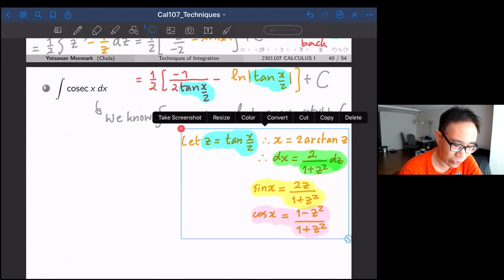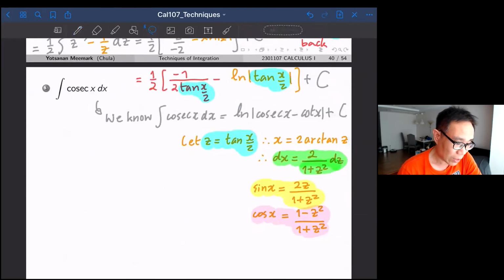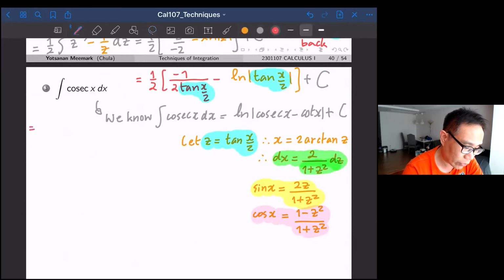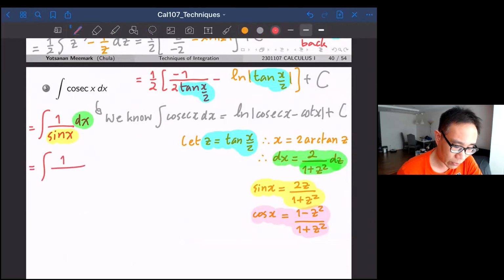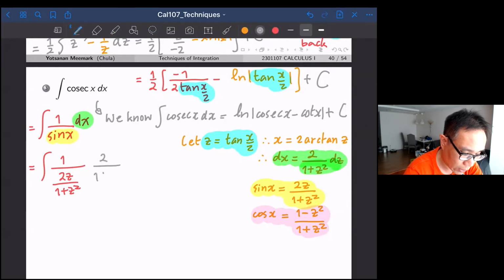So we still need to use the same thing. For cosec x, what is cosec? This turns out to be integrate 1 over sine x dx. And you see that your sine x is the yellow guy and your dx is the green guy. So sine x is going to be 2z over 1 plus z square, and your dx turns out to be 2 over 1 plus z square dz.